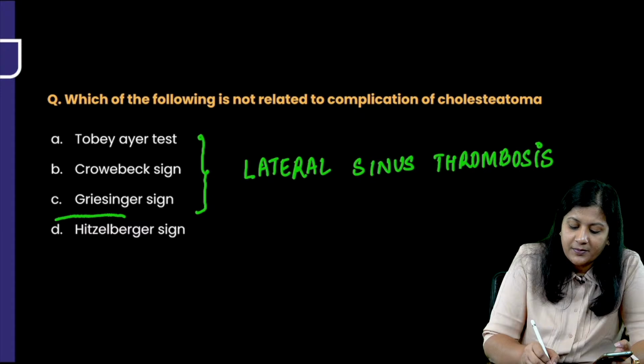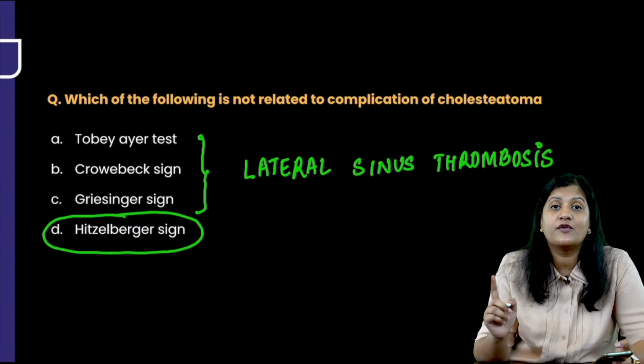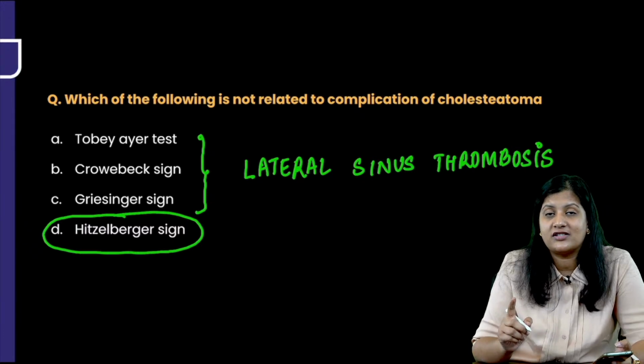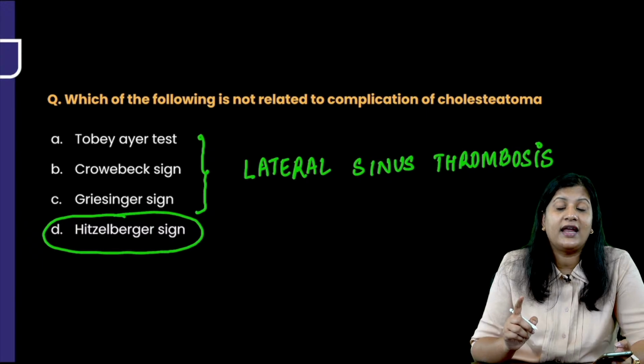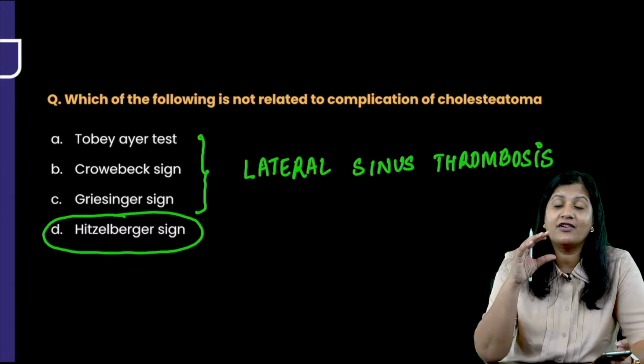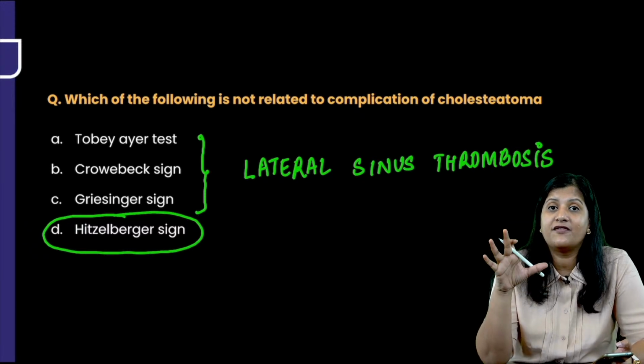But Hitzelberger sign, what is Hitzelberger sign? It is loss of sensation or anesthesia in the area of distribution of your 7th nerve. We know 7th nerve and 8th nerve travel together in the internal acoustic meatus. So when we have a tumor coming from the vestibular nerve, it can compress the facial nerve.